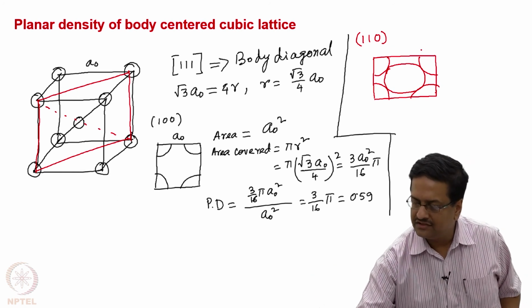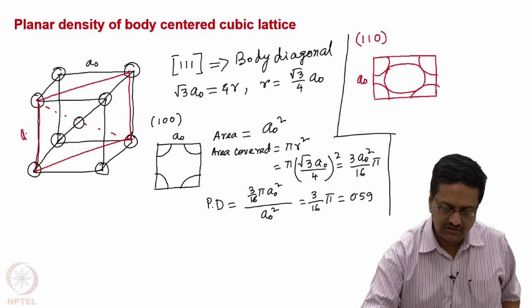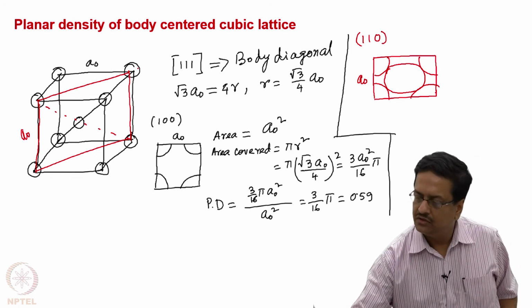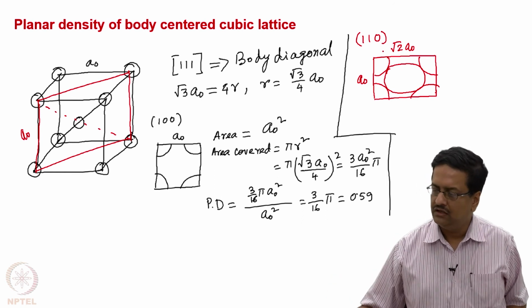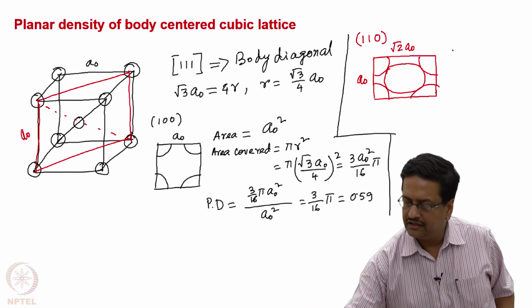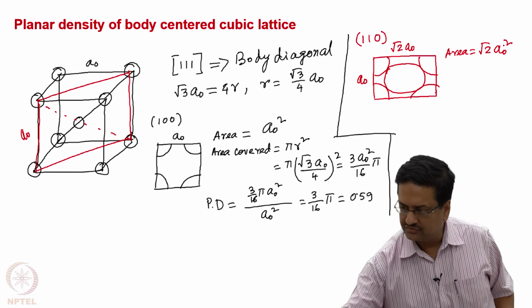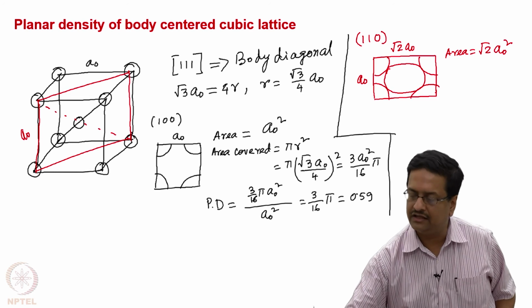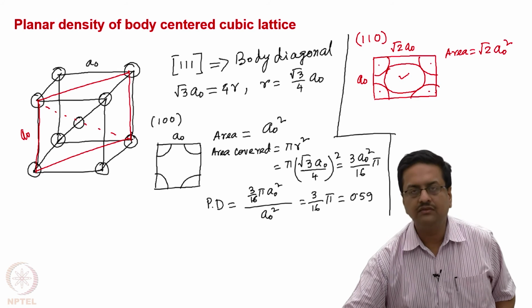One of the edges is a0, which is this one, but the other edge is the face diagonal, which is root 2 a0. So the area that it encompasses is root 2 a0 square. Now inside this area you have 4 quarter portions of the atom and 1 full atom.